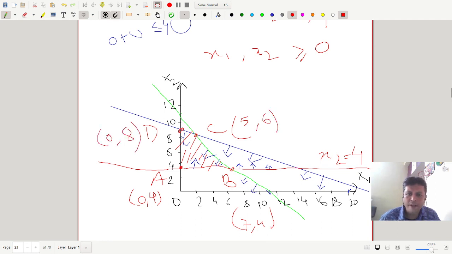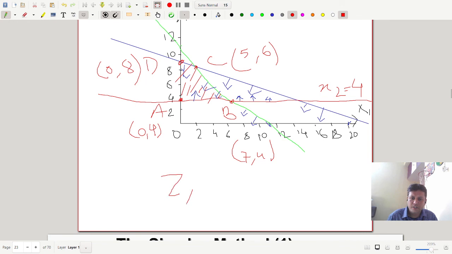ABCD is the feasible region or the solution region, and your optimal solution will be obtained at these extreme points.